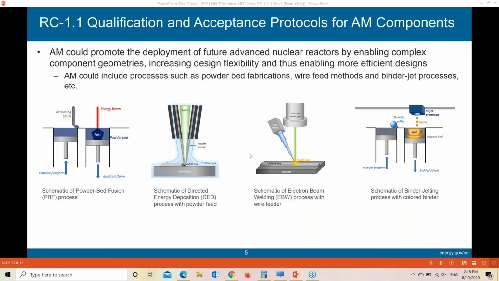The focus of this call is 316H. As Sue pointed out, there are different reactor developers who have interest in using 316H for different reactor concepts.